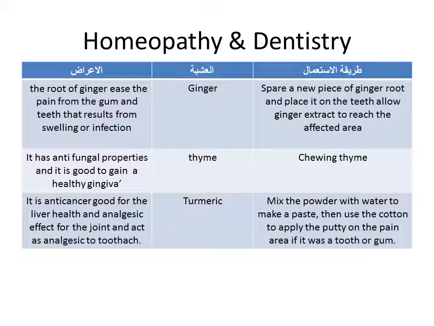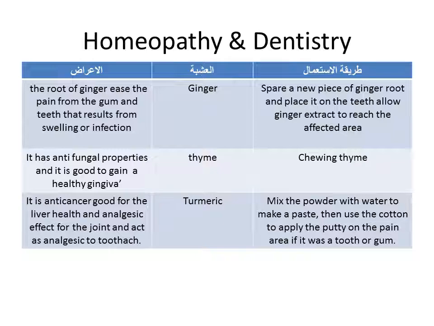A root of ginger is really helpful against pain that results from swelling, and for disinfection. Just put the ginger and bite on it till the extract of the piece of ginger flows on the affected area. Thyme is good. Thyme is really good to chew. It has an antifungal property.